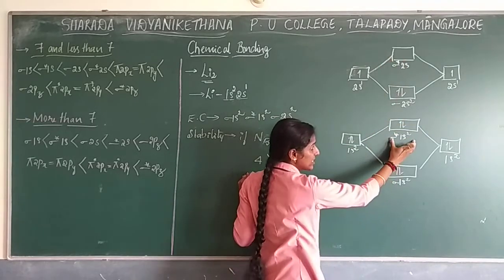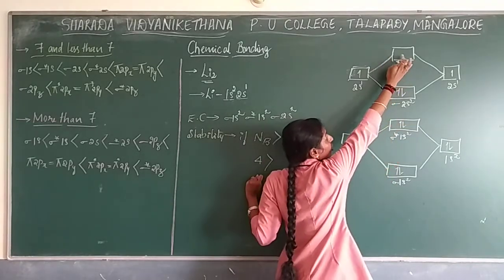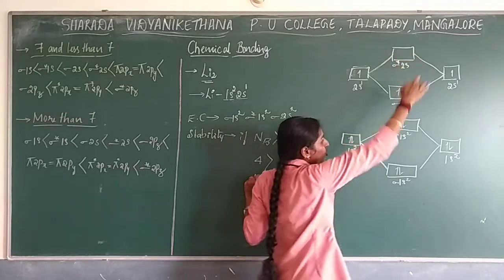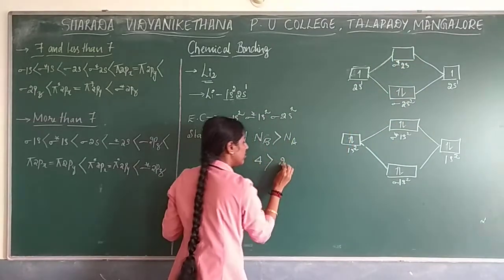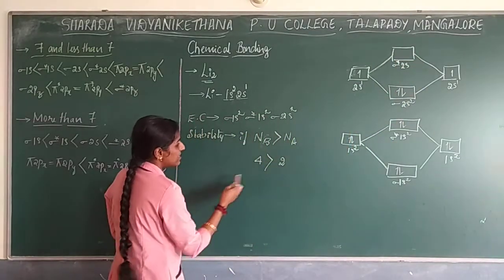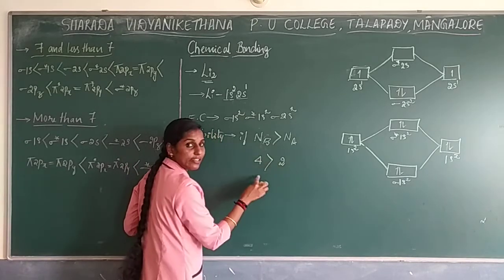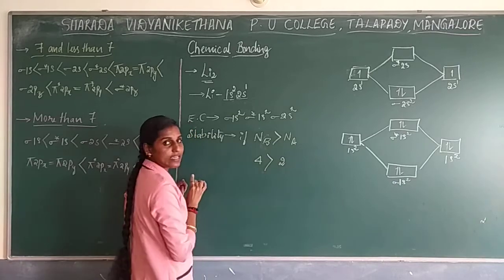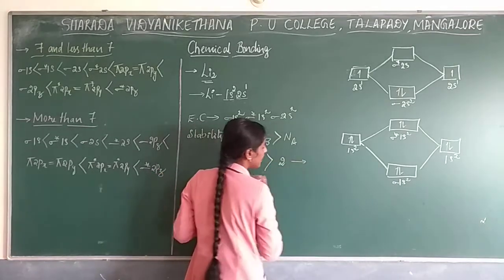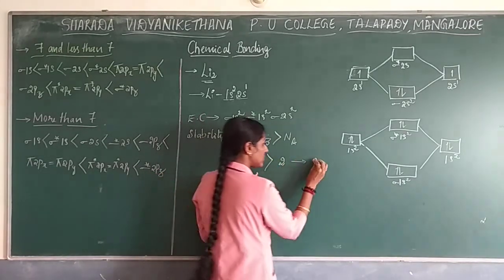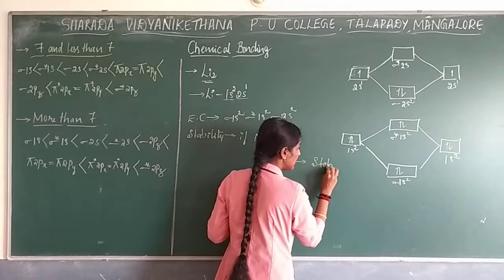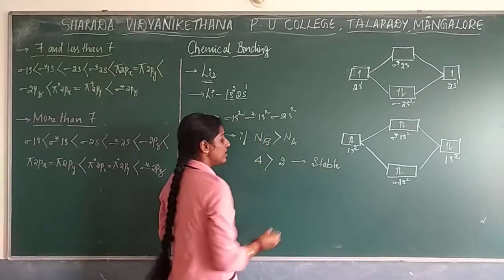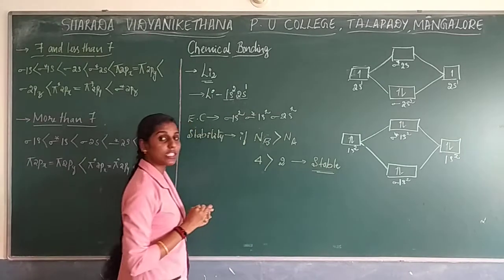This has 2 electrons, and here if you consider, that is 0. 2 plus 0, that is 2 electrons. So here what is happening? 4 is greater than 2. If NB is greater than NA, then it is a stable molecule. So this is greater than this, so we can consider it stable, right? So the lithium molecule is a stable molecule.